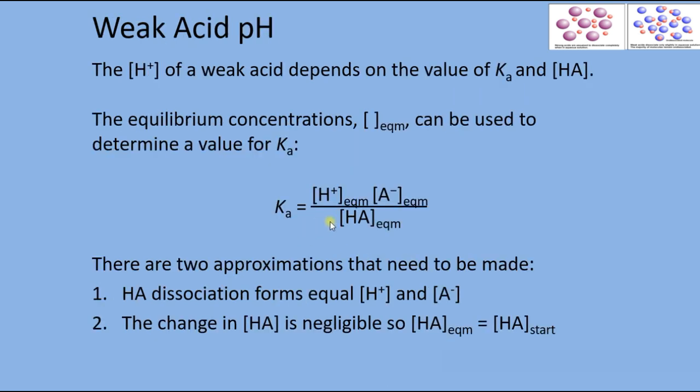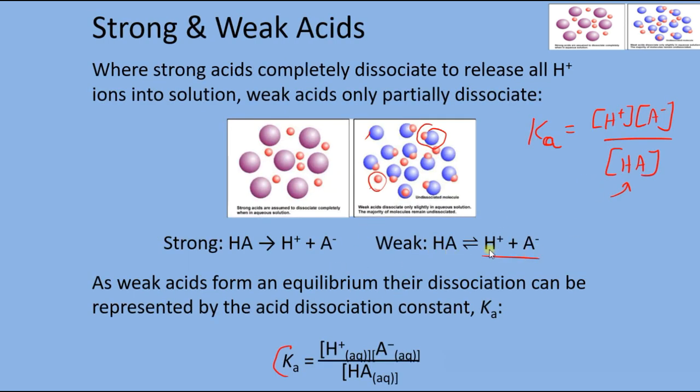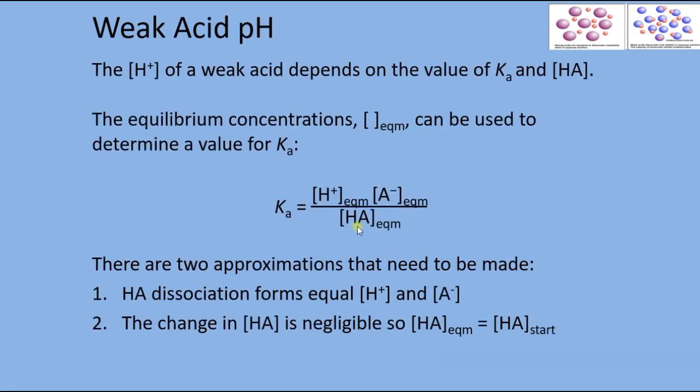But we're going to assume that's a really minuscule difference, a very small difference between the start concentration and the equilibrium concentration. So a small fraction of the molecules of HA will actually dissociate and ionize like this. So we're going to consider the equilibrium concentration of HA to be the starting concentration of HA, which is an approximation.